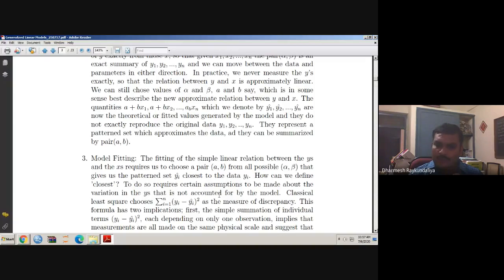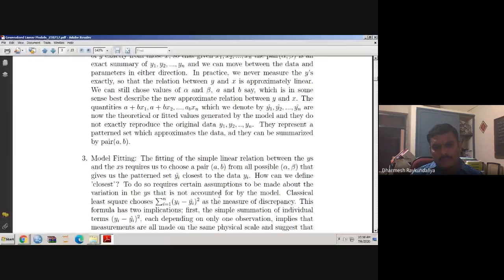So now the question is, how can we define the closest? To do so requires certain assumptions to be made about the variation in y that is not accounted for by the model.